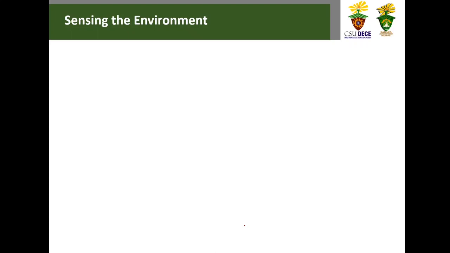So also in sensing the environment, dili na siya directly nga mabasa nimo unsay kasiga or kahanap sa suga or ang kakusog. Those environmental conditions must be read in terms of voltage.